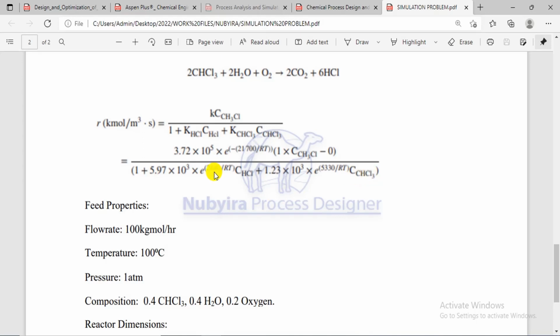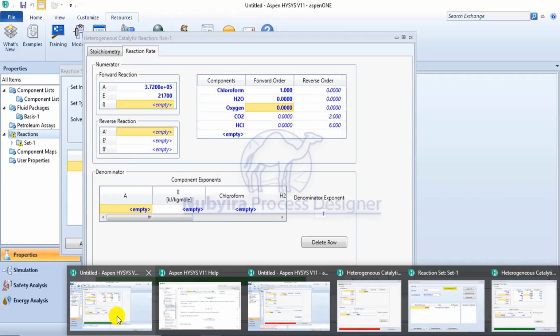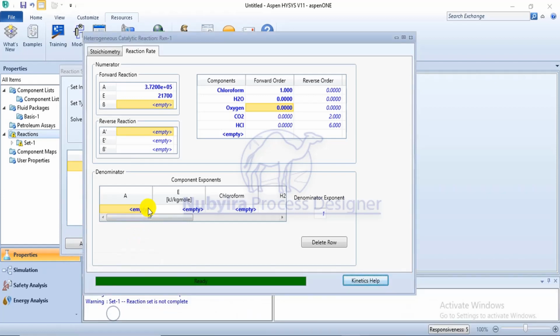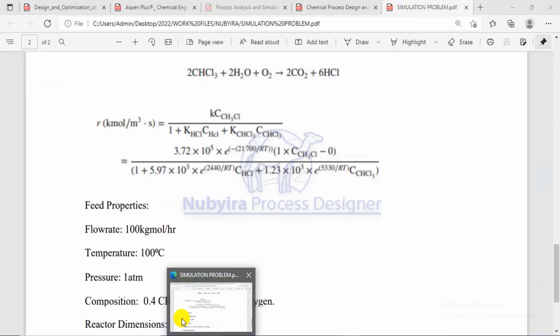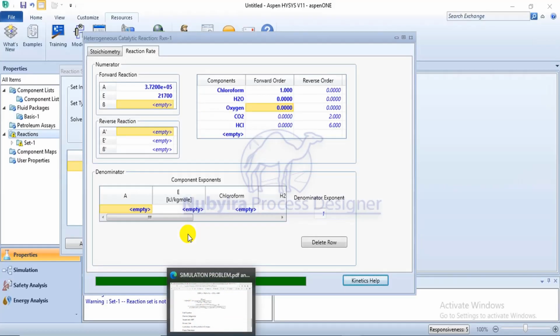For this one we have HCl, and for this one we have CHCl3. So we can start with this. Now you already have the pre-exponential factor and the activation energy value, so we'll specify that. For this first one, I can't do that. Let me see. We have 5.97E3.